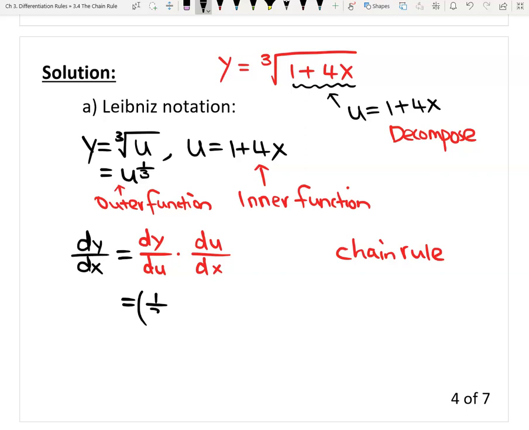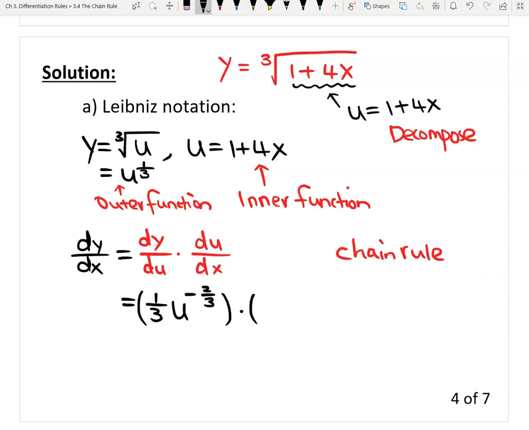The power 1/3, so we write it here. And then the old power minus 1 gives the new power. 1/3 is the old power, minus 1, we get negative 2/3, which is the new power. So u to the negative 2/3, in parentheses. Can you see here is the derivative of the outer?